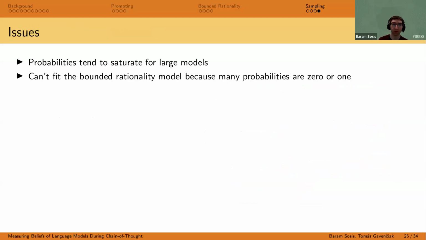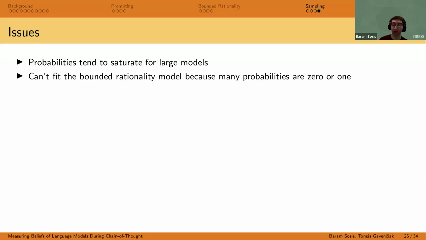And in fact, this approach has a lot of issues. The probabilities tend to saturate, and a lot of the probabilities that we get end up being zeros and ones, because we're just looking at a finite sample of responses.